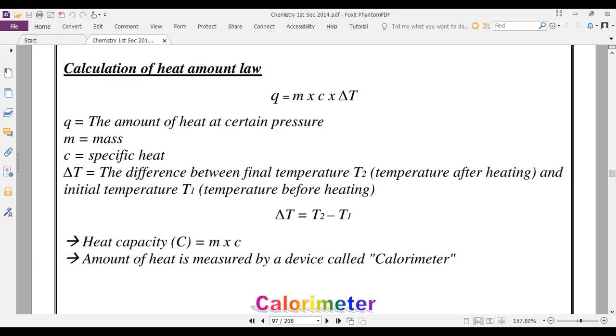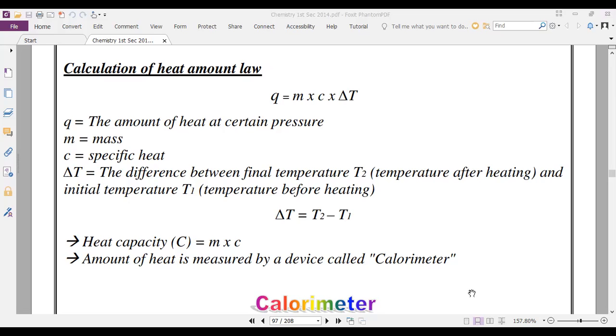Okay, wait, Mariam. Okay, Mariam, so it's called the calorimeter.